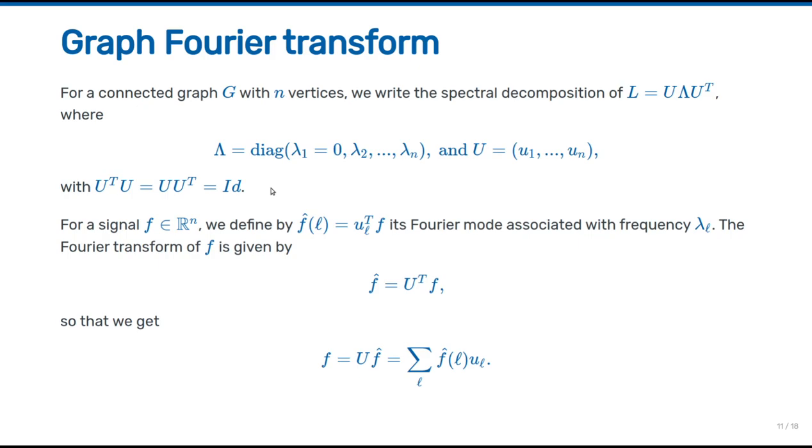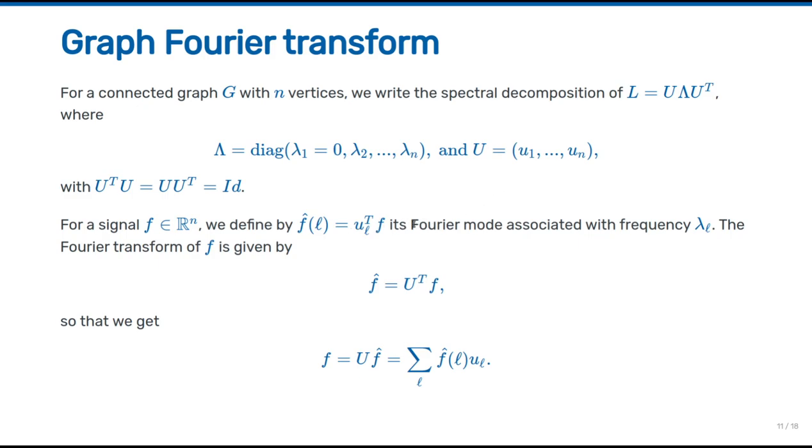Now for a signal f on the graph, it's just a vector of size n, so f is in R^n. You can define its Fourier mode, the lth one, by f hat of l. This is just the scalar product of your vector with the lth eigenvector of the Laplacian.